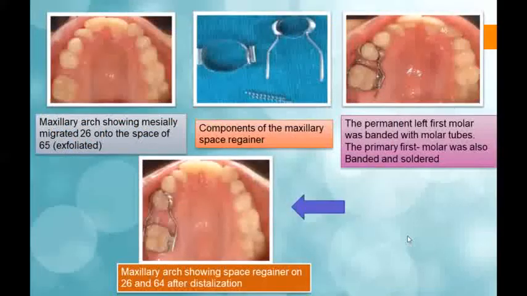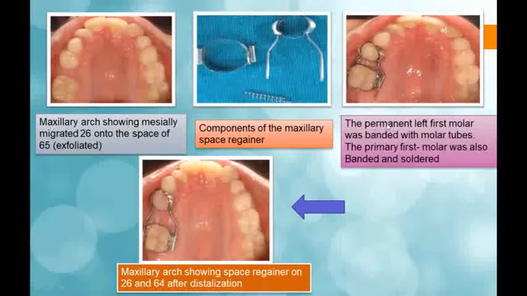Now in the maxillary arch, this photograph shows a mesially migrated 26 onto the space of the exfoliated 65. So they prepared a space regainer with these components, which include a molar band with an open coil spring.